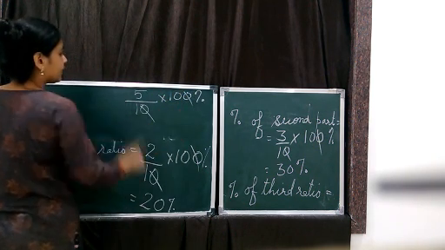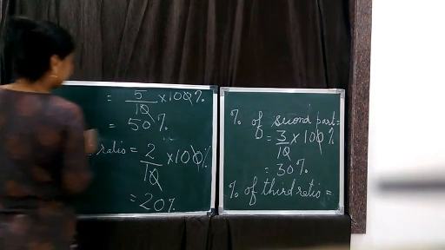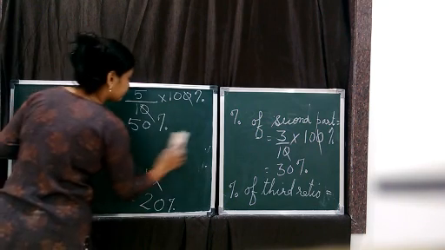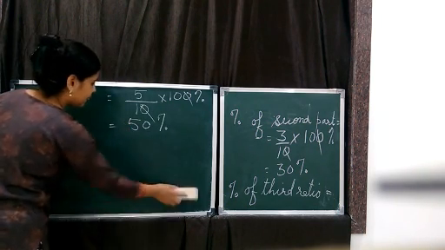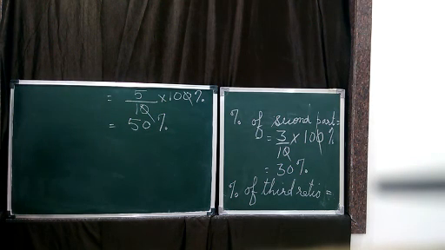Now 0 0 got cancelled. 5 tens are 50. So the answer is 50%. This completes B. Now we do C.